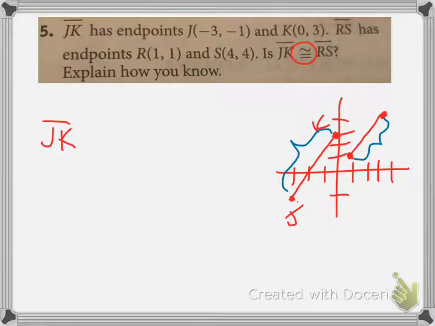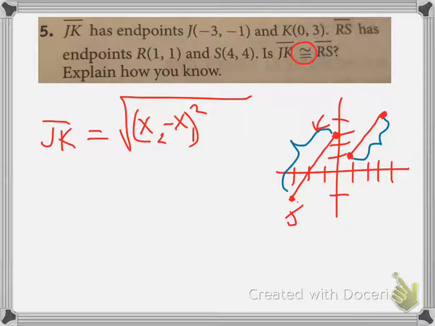Alright, so let's go back to math. We're going to find the distance for JK using the distance formula. The distance formula is the square root of (x2 minus x1) squared plus (y2 minus y1) squared.